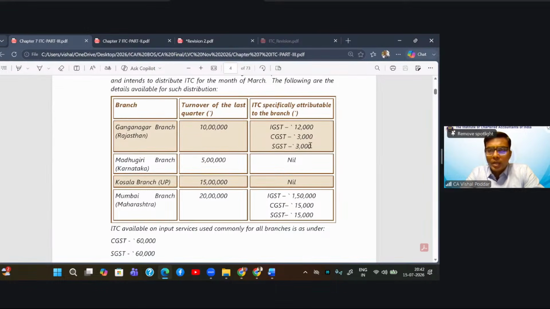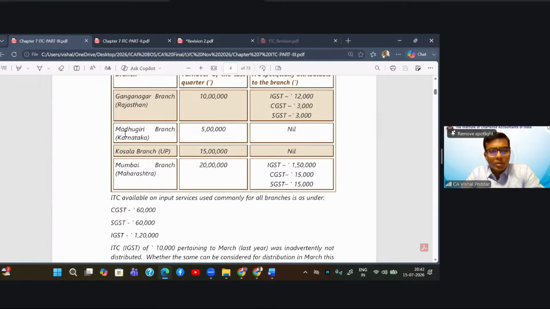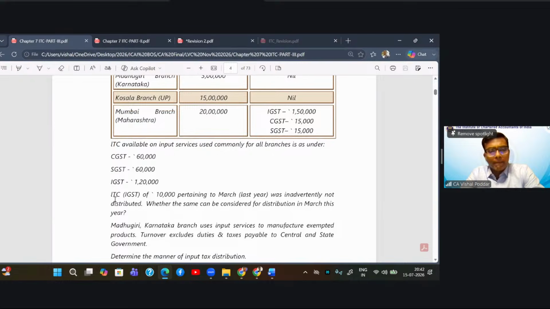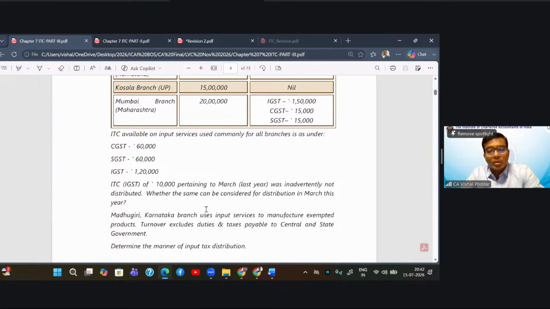ITC specifically attributable is this. Madhugiri branch, Osla branch, and Mumbai branch. ITC available on input service used commonly for all branches is this much. ITC of 10,000 pertaining to March was inadvertently not distributed, whether the same can be considered for distribution. In March this year.